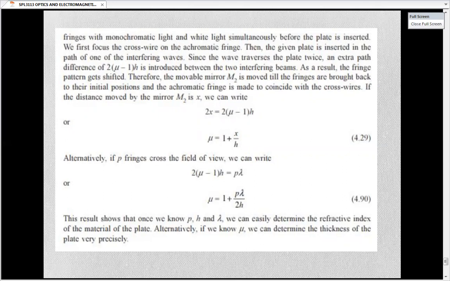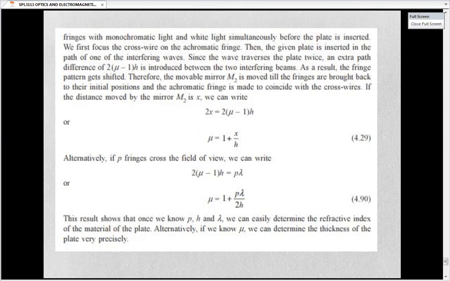So in this case, the procedure is that first of all, you don't insert the glass whose refractive index is to be determined, and then you have a cross wire. So you note the position of the cross wire, and then you introduce the glass whose refractive index you want to determine. Then the fringes will shift to a different location. Then when that happens, you make adjustments.